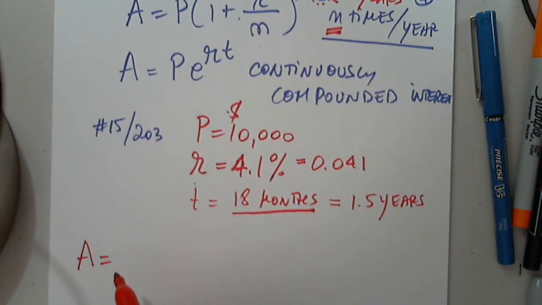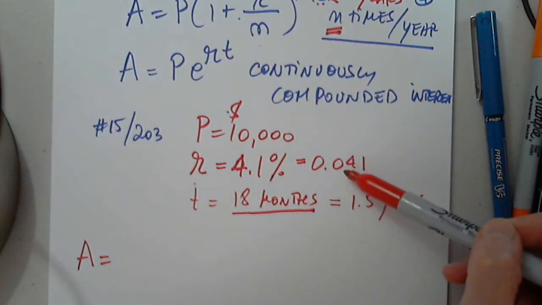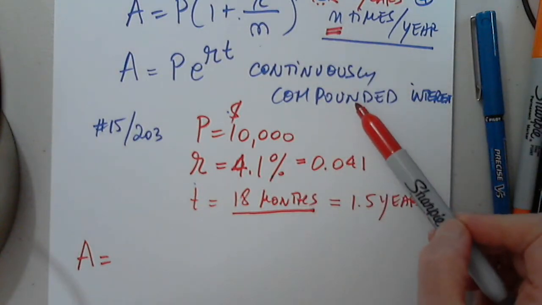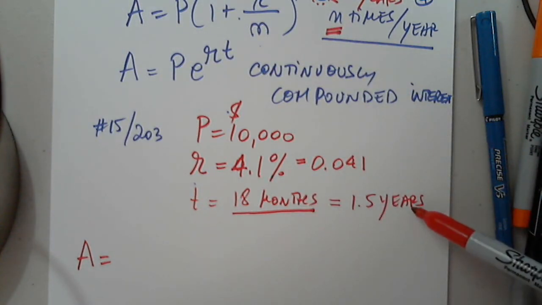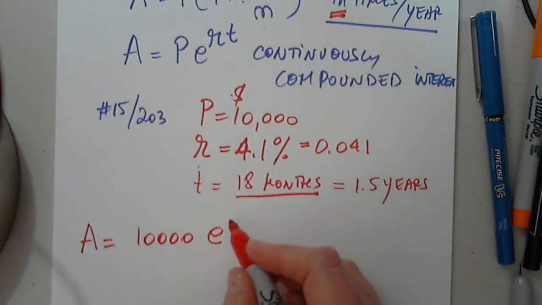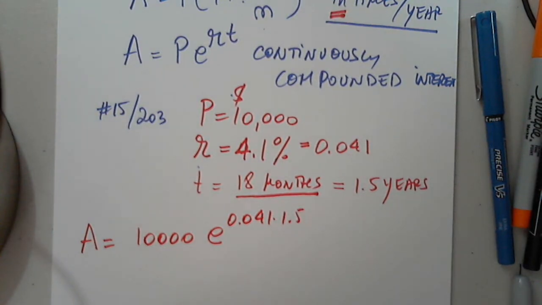So the accumulated value of a principal of this at this interest rate, continuously compounded for 1.5 years, will be 10,000 e to the 0.041 multiplied by 1.5. No one can do this by hand.